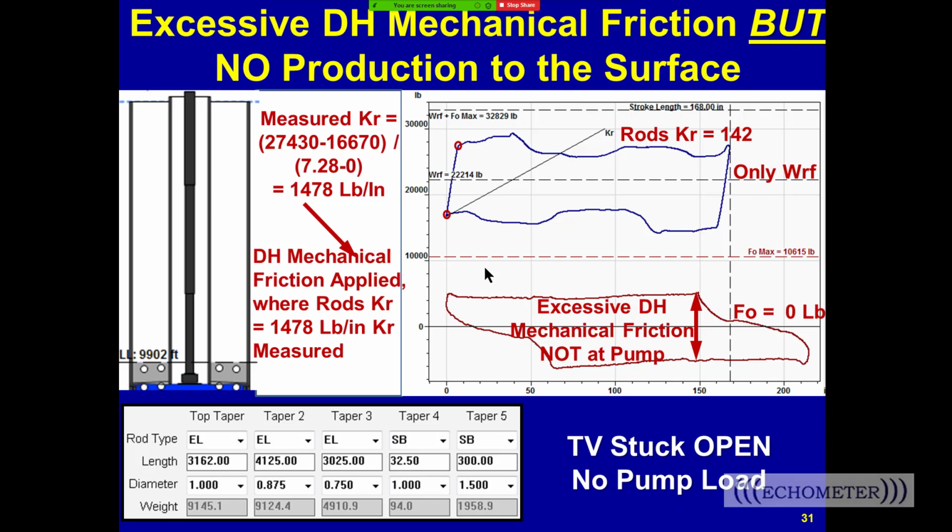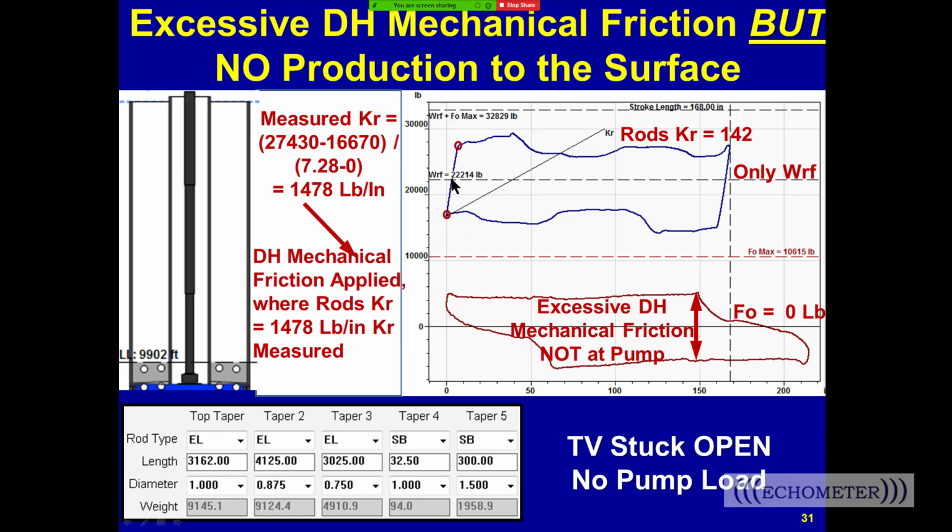And I said, well, I don't think your pump is attached. I think you have a rod part down in your pump, because the average load here is the weight of rods and fluid, but there's no production at surface, and this pump card looks really weird. Looks like an upside down shoe.